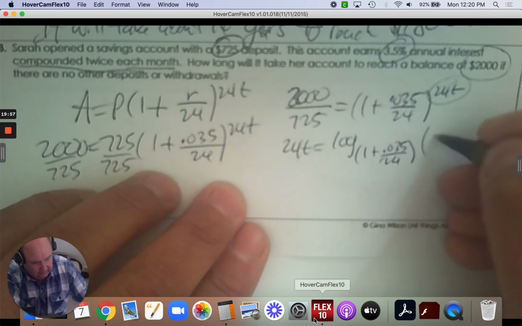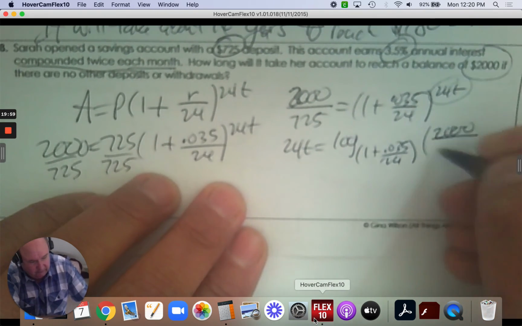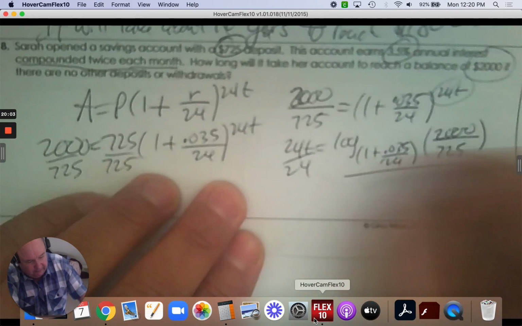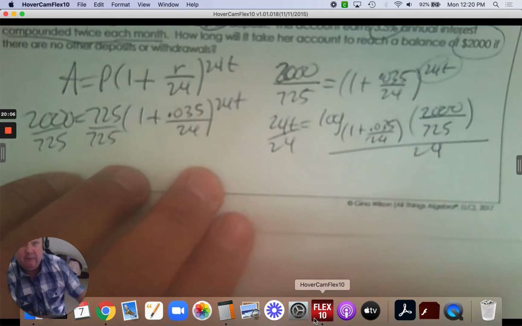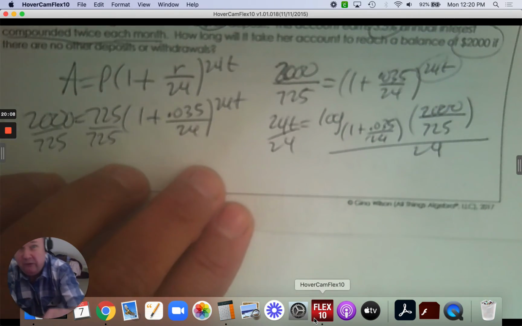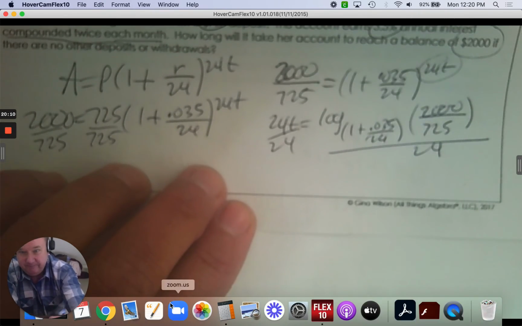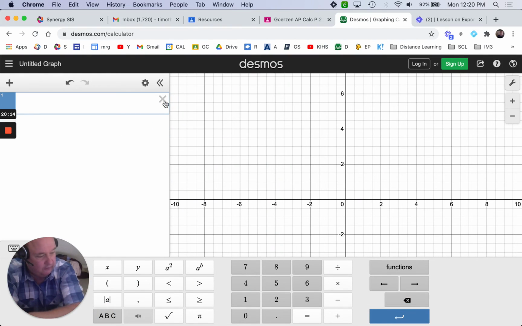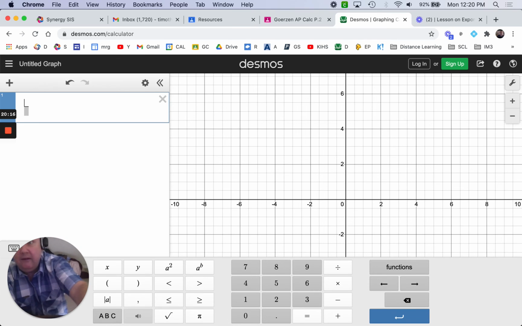And then inside the logarithm is 2,000 divided by 725. So this is really going to test your ability to put in the calculator. So divide by 24. Be patient with yourself. Can you type that in a calculator or not? Here we go. Let's see if I can. So we're going to start with a divide sign. I'm going to type in log, and it starts with 2,000 over 725.